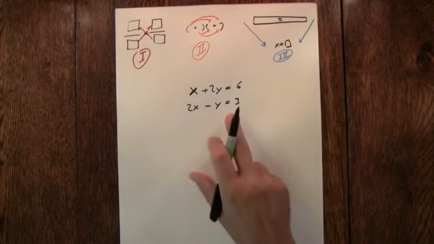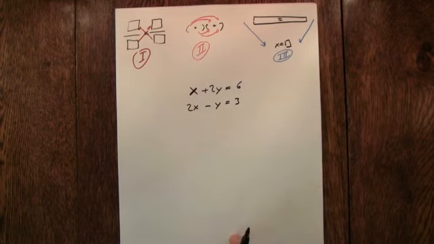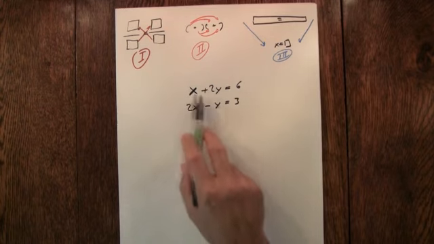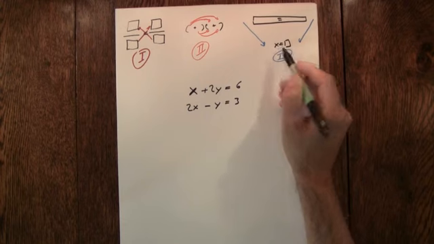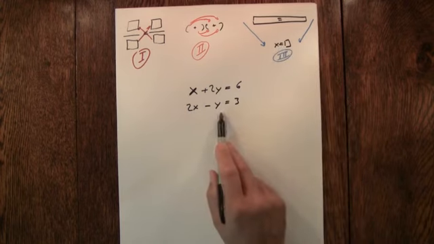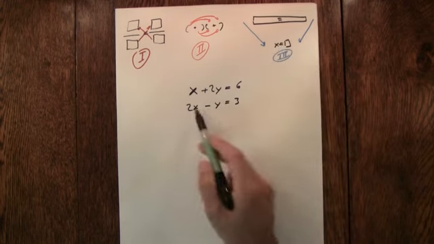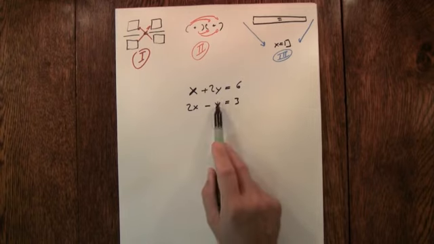Okay, so what we do with these types of problems is we try to eliminate one of these variables, so we only have one variable left. And for this, we're going to make a decision to eliminate, let's say, the y.